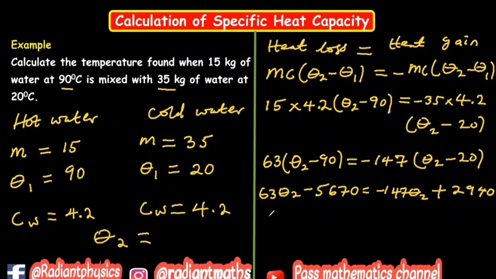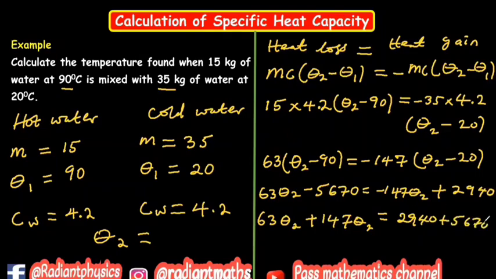So we are having 63 theta plus 147 theta 2 equal to this plus 5,670, right?